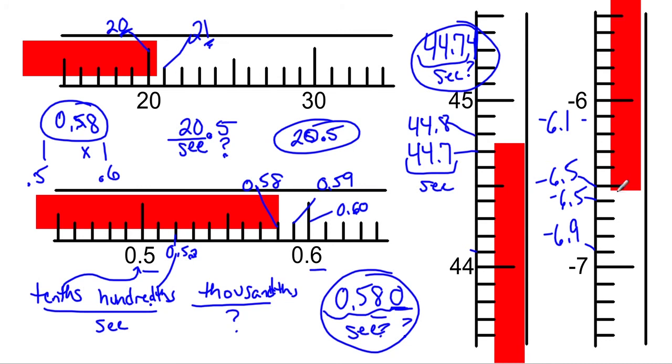Now it's a little bit more than halfway. So a final answer might be -6.5, because that's what we see. And what falls in between -6.5 and -6.6? I don't know, maybe 2/10 away, right around there. Your final answer has to be between -6.5 and -6.6. So check. This answer does fall in between there.